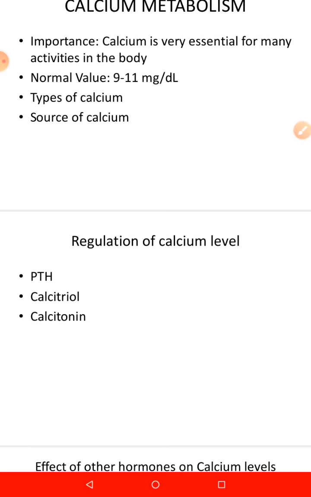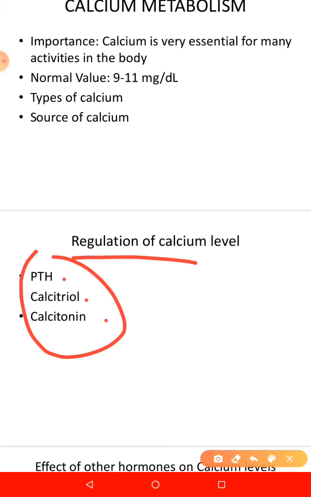Now, in terms of regulation of blood calcium levels, if you are asked to describe the physiology, the homeostatic mechanism involved in regulation of calcium levels, you need to mention PTH, you need to mention calcitriol, and you need to mention calcitonin. And these hormones, I've talked about these hormones.